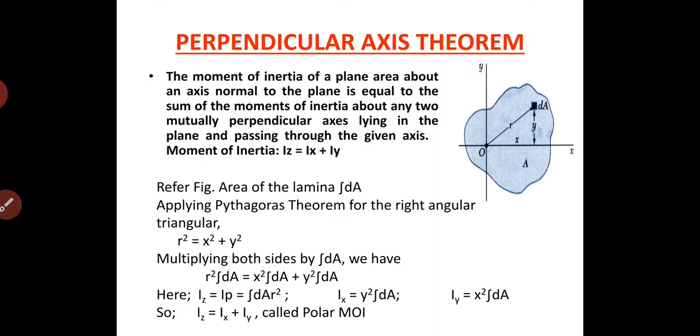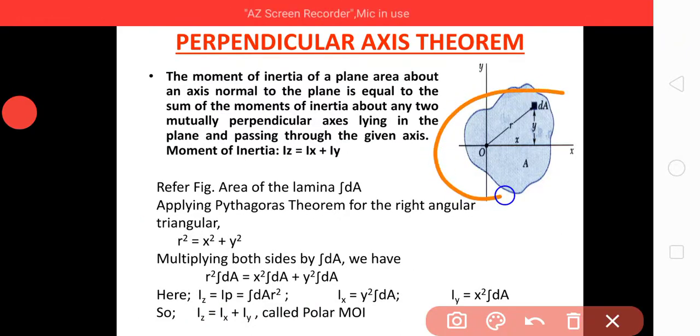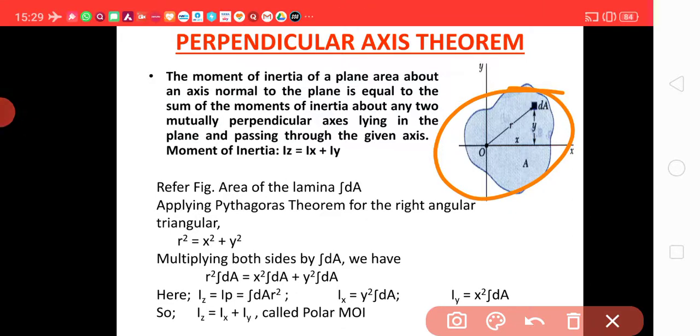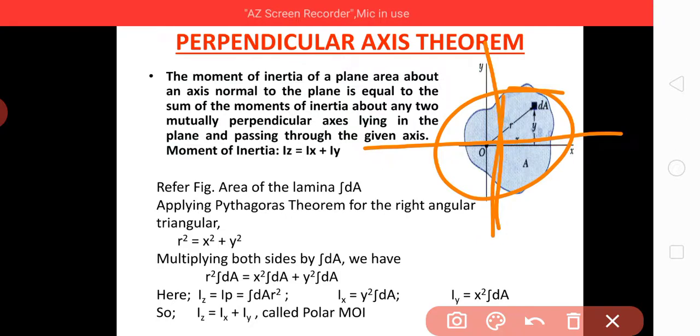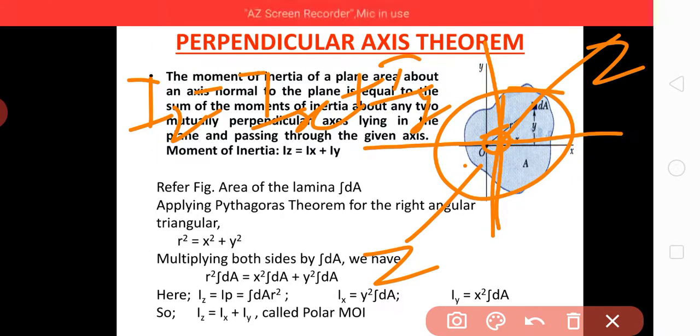It states that if a plane has two centroidal axes xx and yy meeting at point O, and an axis passes through the point of concurrency and is perpendicular to both the axes, considering that this axis is z, then the moment of inertia about that axis, Izz or Iz, equals Ix plus Iy.